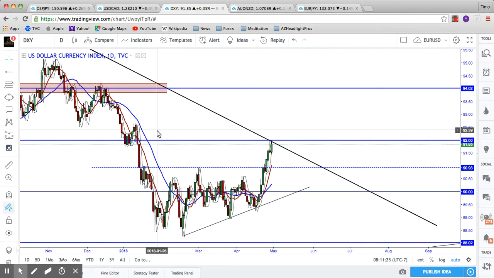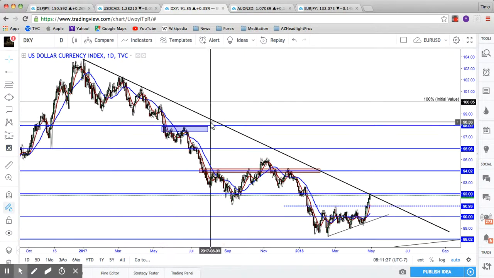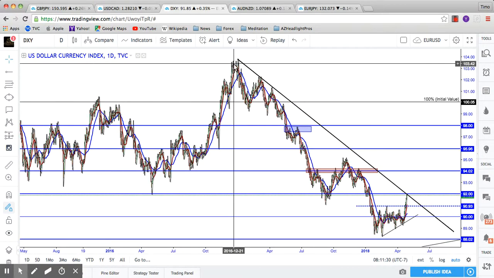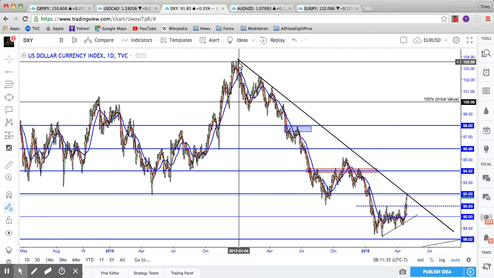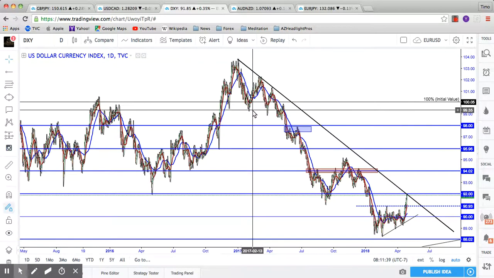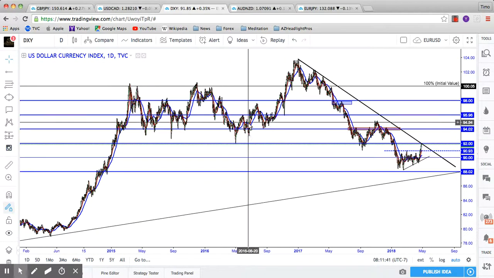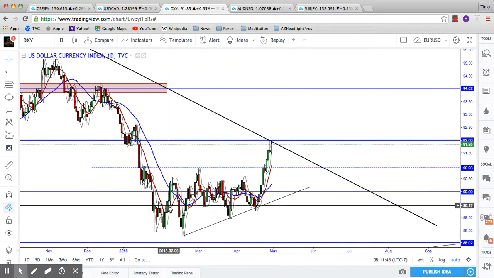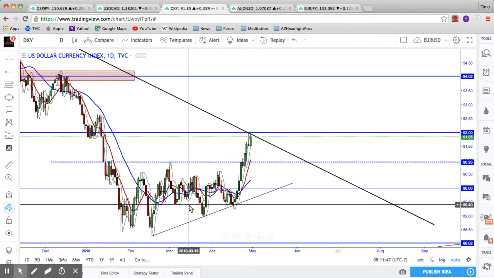So I want to start you guys off with the US dollar index. As you guys see, we have been in quite a downtrend since about January of 2017, so going on a little over a year. For the last couple weeks, the dollar index was ranging in a sideways market.